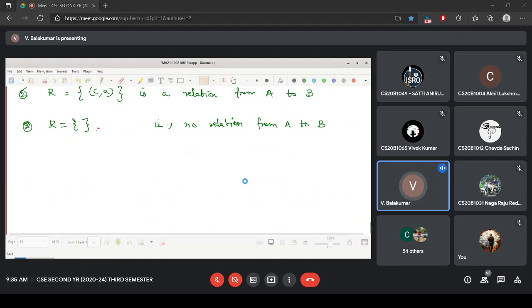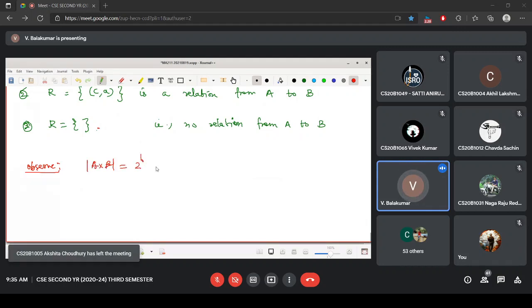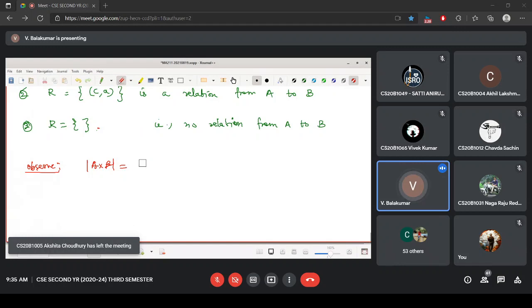Okay, something went wrong. I'm unable to copy paste. Observe. This Cartesian product has 2 power 6 elements. Therefore, 2 power 6 number of subsets are possible.